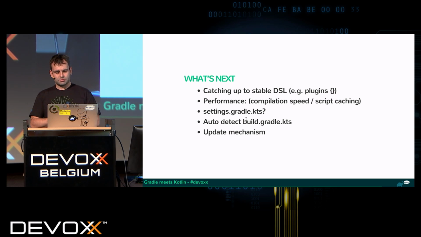And last but not least, there's an update mechanism. We discuss internally how we want to ship features faster. Gradle releases, let's say, every 6 weeks. But what happens if the Kotlin project offers something of significant value?